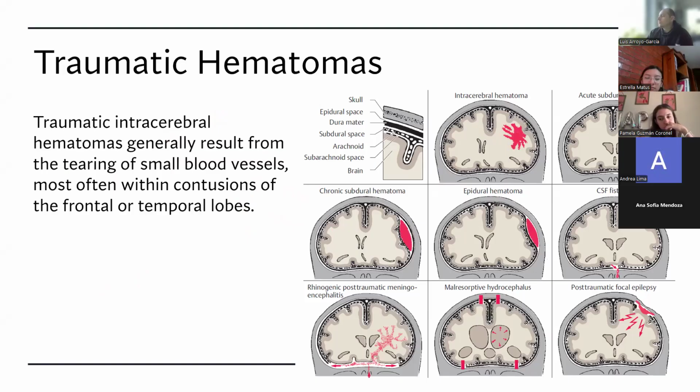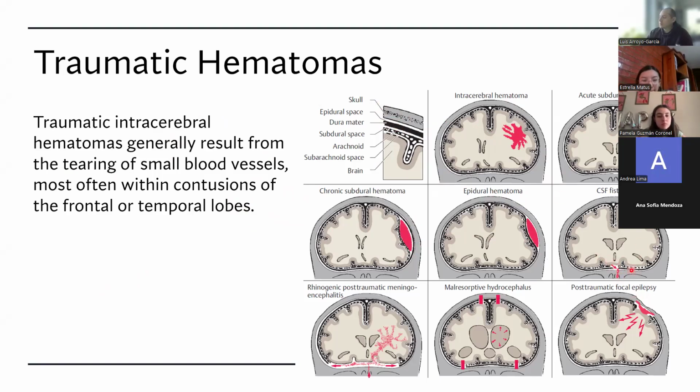You can have it in the subdural space, which is going to affect the brain more. Here you have an epidural hematoma.